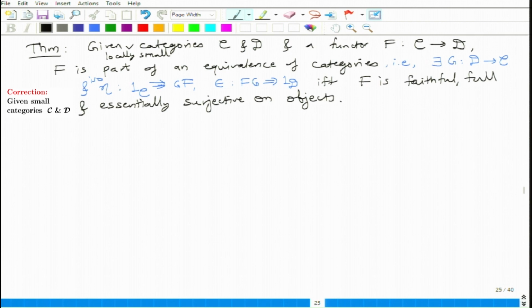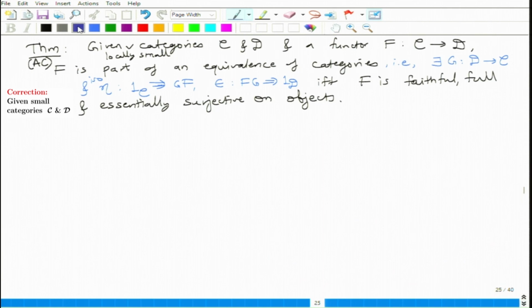And this is the statement that we are writing assuming the axiom of choice. Without the axiom of choice we can't prove this theorem. So this is a test for equivalence of categories. I think you won't be surprised that the axiom of choice has entered our discussion, because just two slides ago we actually used it, and we need it for exactly the same purpose.